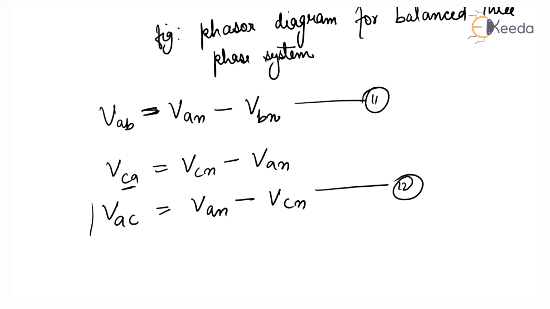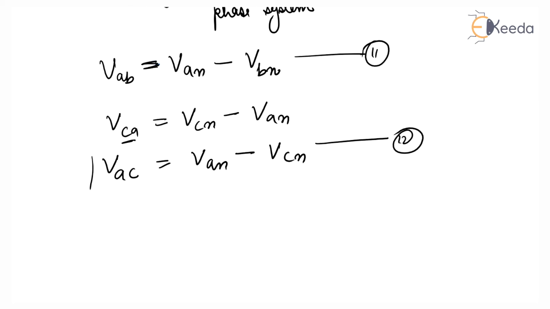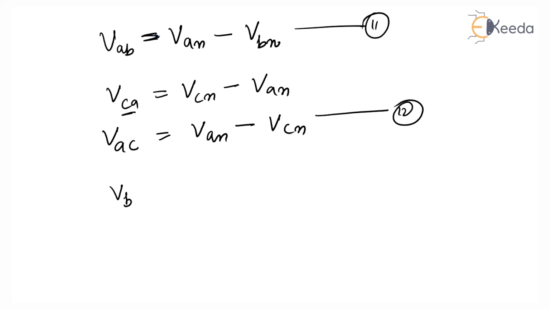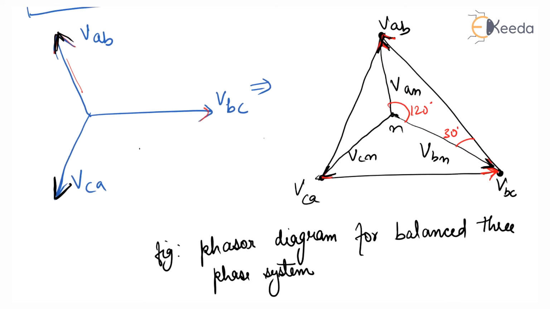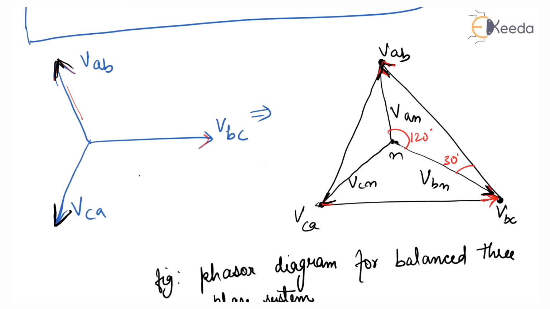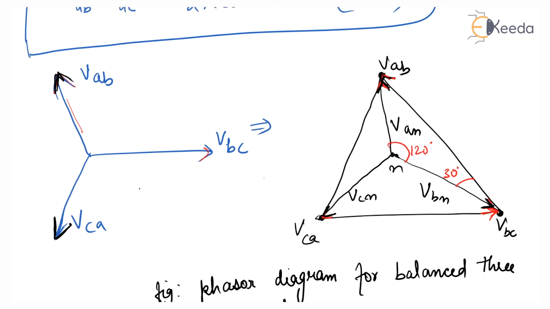So we got VAB and VAC. From the phasor diagram, VBN is equal to VAN angle minus 120 degrees, because VBN is lagging VAN by 120 degrees. See this figure here.